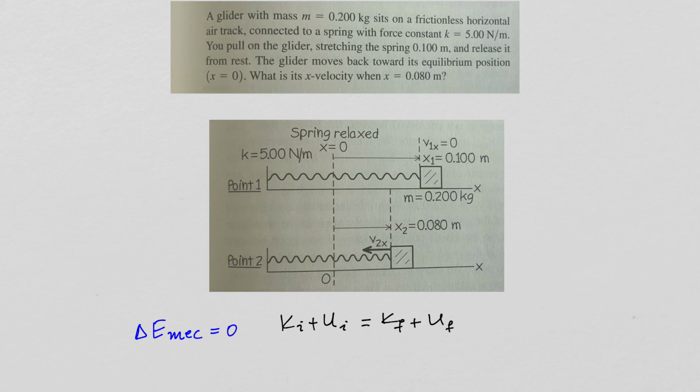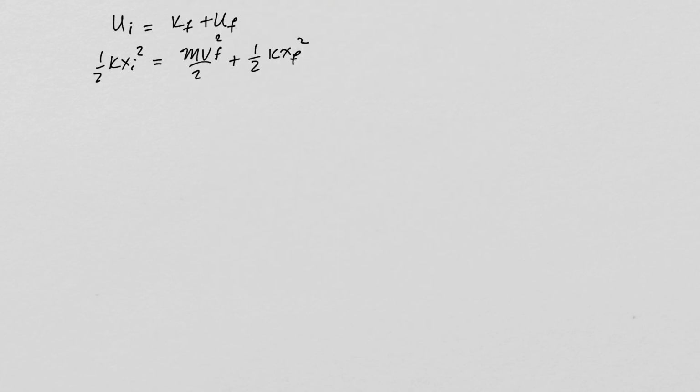Kinetic energy initial is 0 because the glider starts from rest, and the two elastic potential energy terms are not equal to 0. Now let's explicitly write the energy relationship and see what we can get from it. 1/2 k x initial squared is equal to m v final squared over 2 plus 1/2 k x final squared.